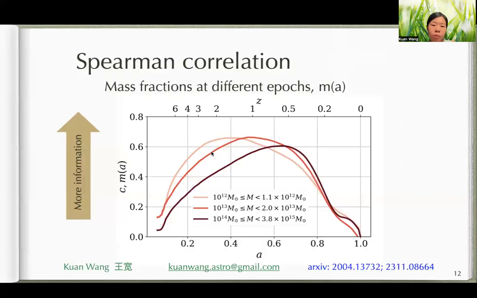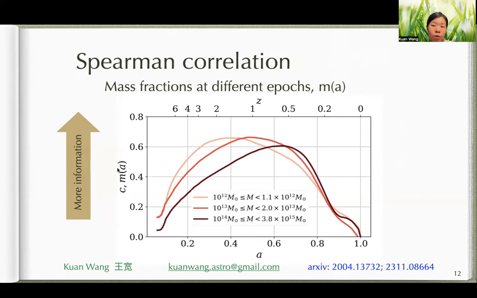In this figure, we explore the information content of different descriptions of the mass assembly history. We quantify the mass assembly history with M(a), the fraction of the present-day mass obtained by the halo at each epoch. The colored lines show the Spearman correlations between the mass fractions and the present-day concentration.